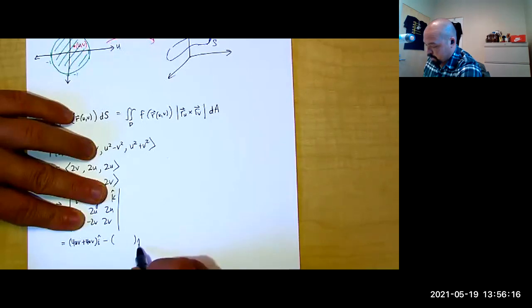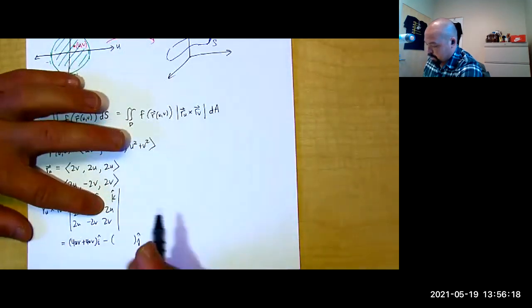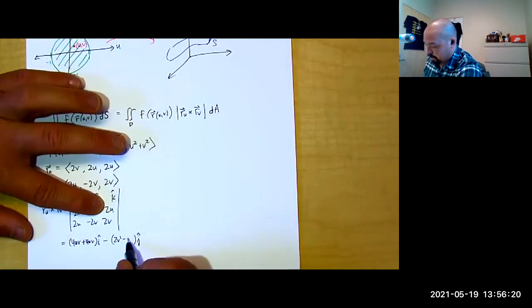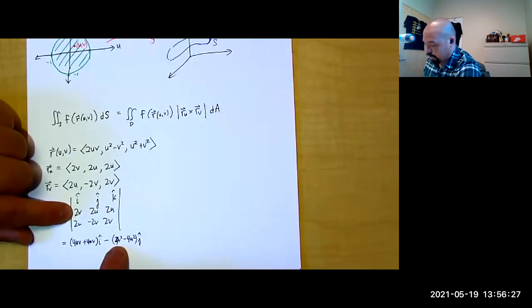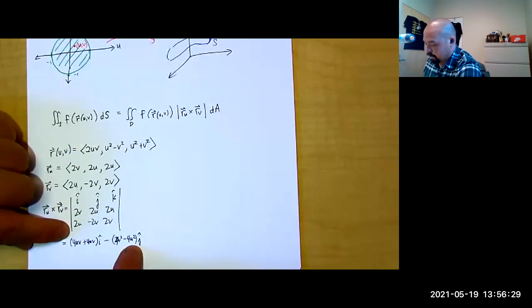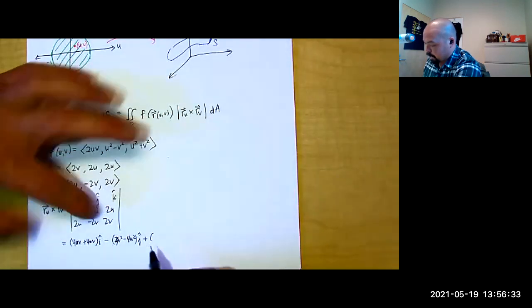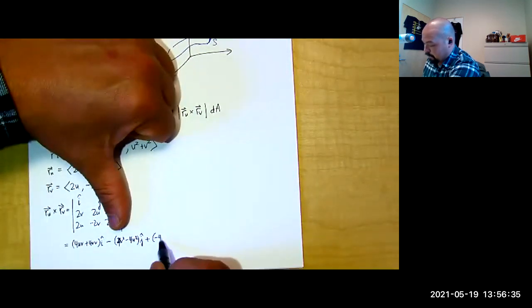Minus, now for the j, 2v times 2v, 4v squared, minus 2u times 2u, 4u squared, and then plus for the k component, negative 4v squared minus 4u squared.